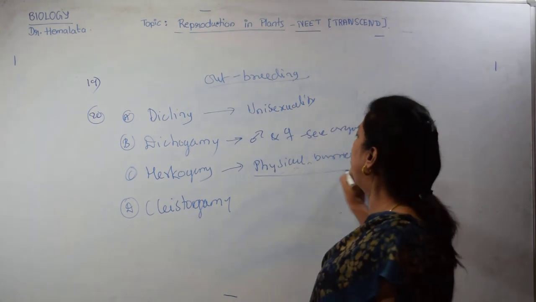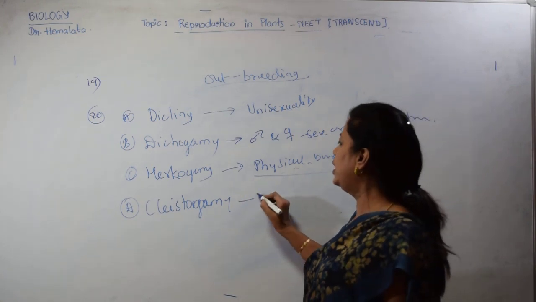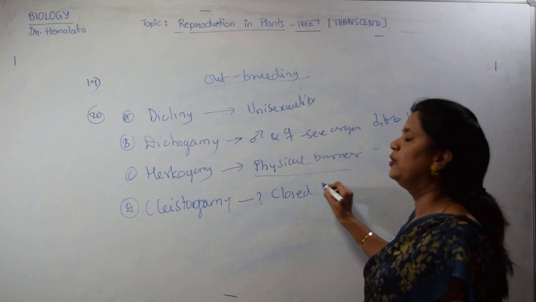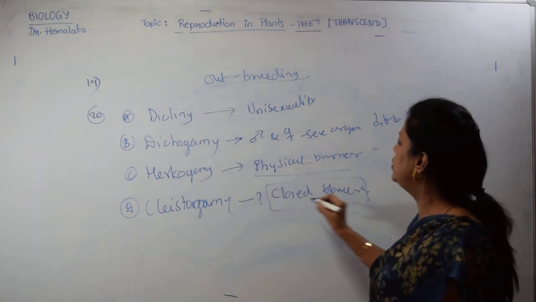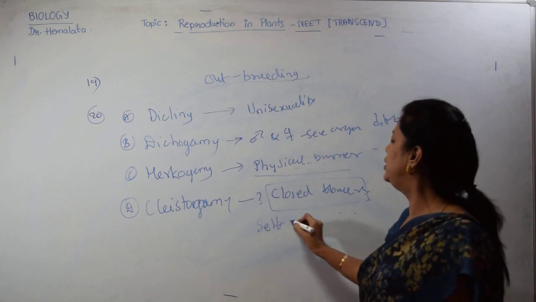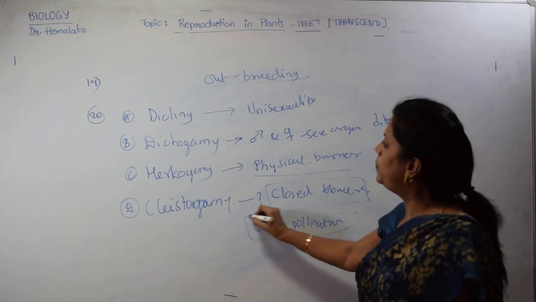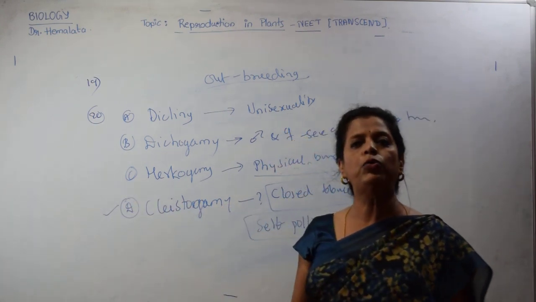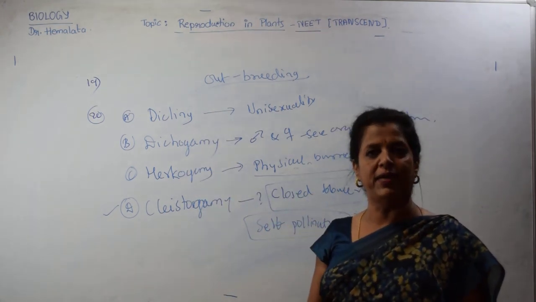That also will avoid self pollination and induce cross pollination. What about cleistogamy? Cleistogamy means closed flowers. Closed flowers cannot undergo cross pollination because in them self pollination becomes compulsory. Therefore, among the four options given, only D is not an outbreeding device. The remaining three are outbreeding devices.